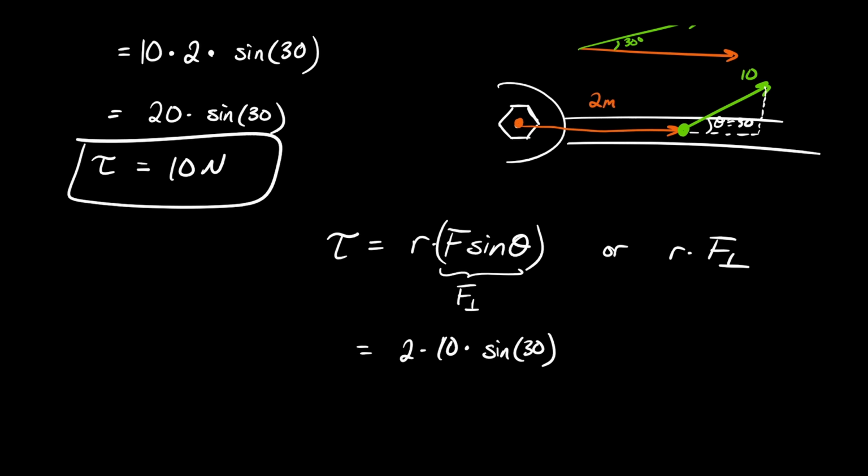Or equivalently, since F sine theta and F perpendicular, which turns out to be this length, are the same thing, you can multiply the size of r times not all of F, not 10, but this length right here, which, if you do trigonometry on this 30, is 10 sine of 30. I'm just going to write this in a different color. Either way, you're getting the same answer.